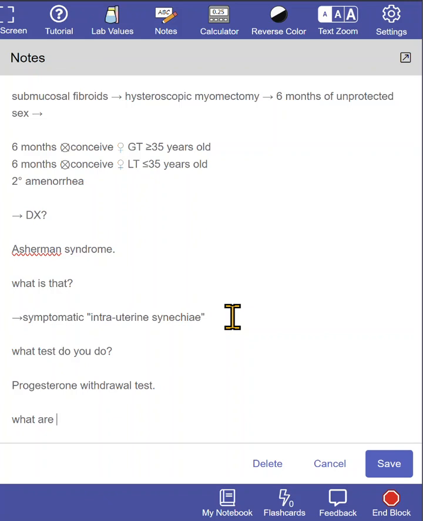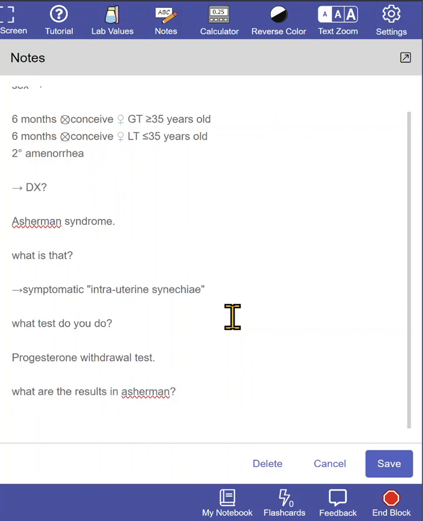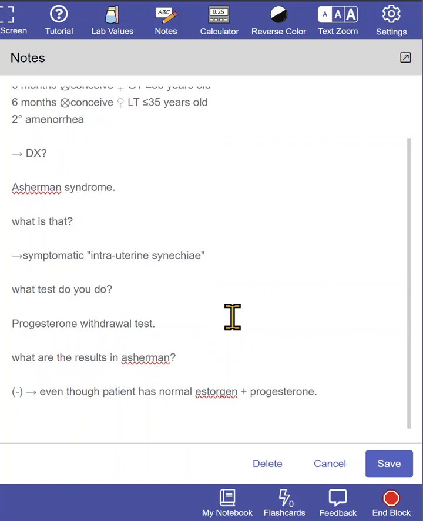What are the results in Asherman? They're negative. Why are they negative? They're negative even though the patient has normal estrogen and progesterone. And that's because of basically a lack of real estate.